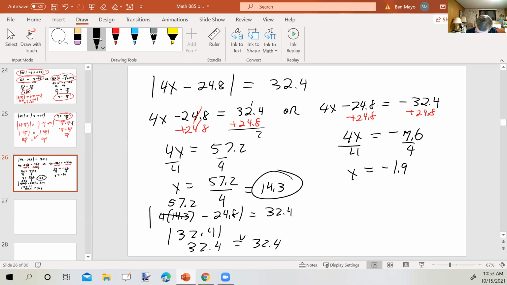Second one, checking that. Absolute value of 4 times negative 1.9 minus 24.8 equals 32.4.